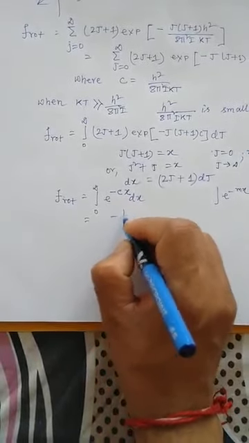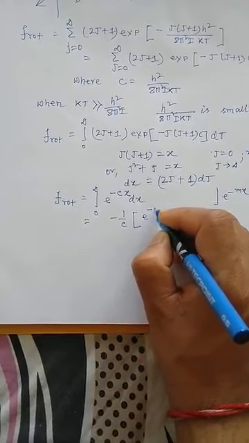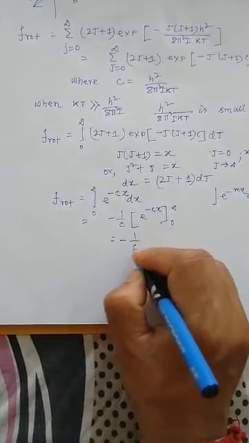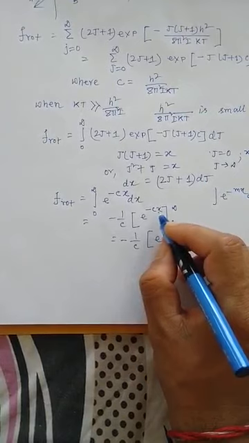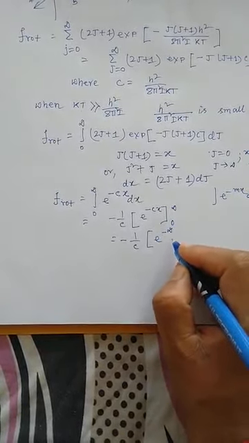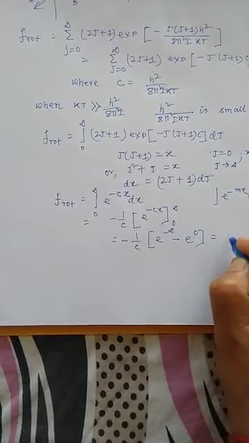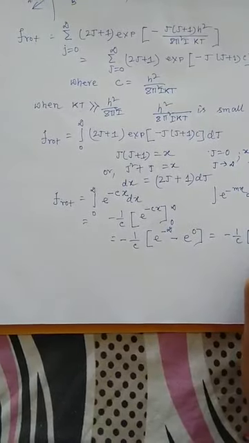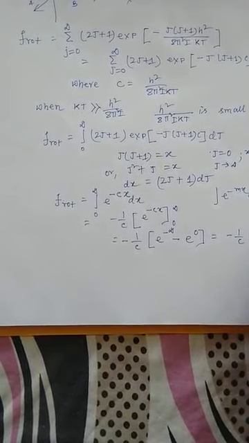So minus 1 upon c comes from the integration, and e to the power minus c x from 0 to infinity. So it is minus 1 upon c, e to the power minus infinity. Multiplying c with infinity gives infinity. And in place of x, if I put 0, it becomes e to the power 0.